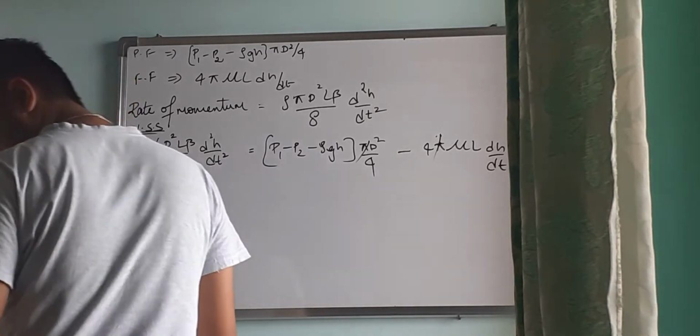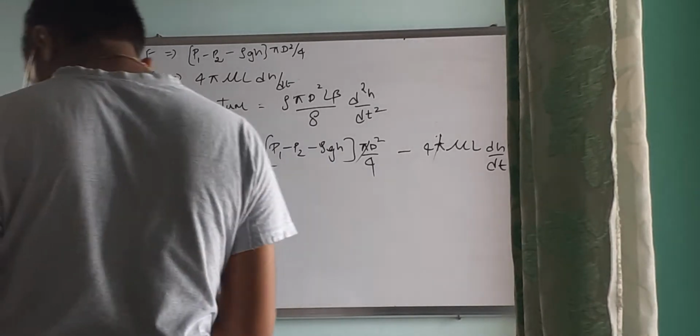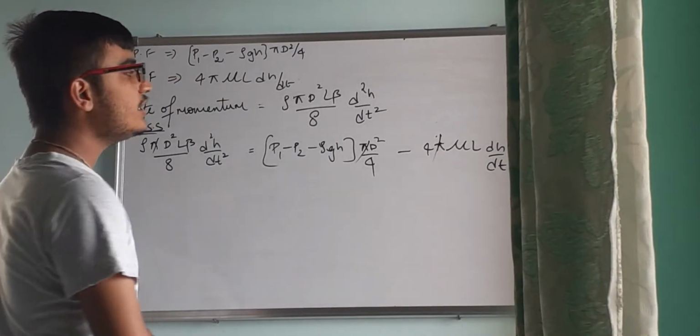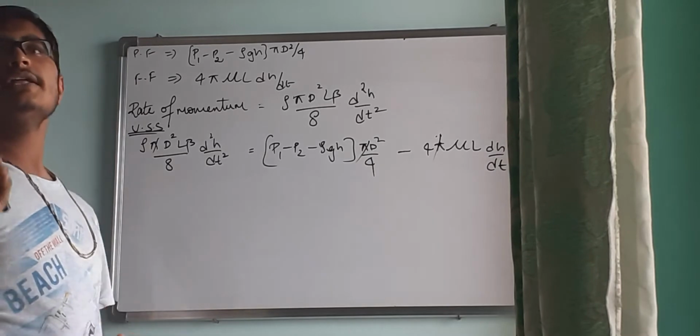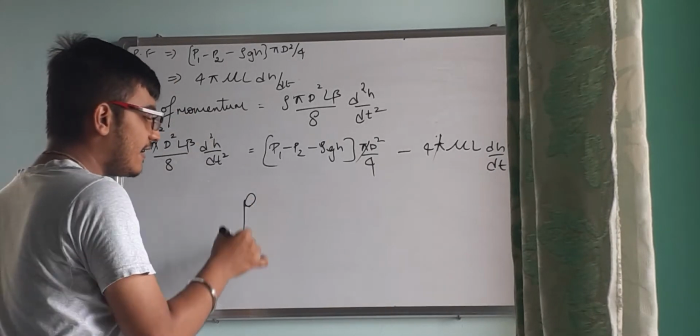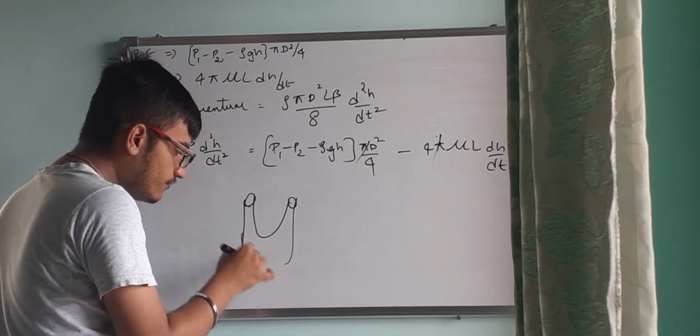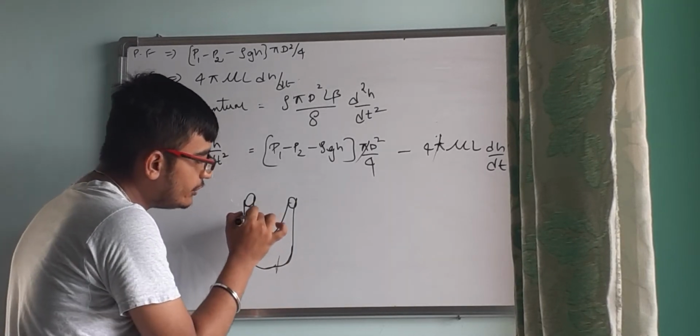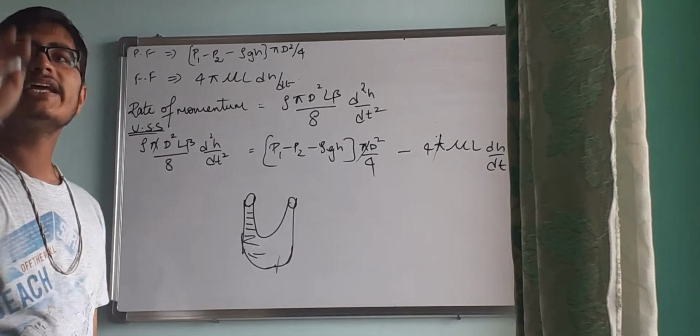Okay. So now this is the equation. Now considering the float and whatever you have in this U-tube manometer, the mercury flow or the fluid flow will be laminar.